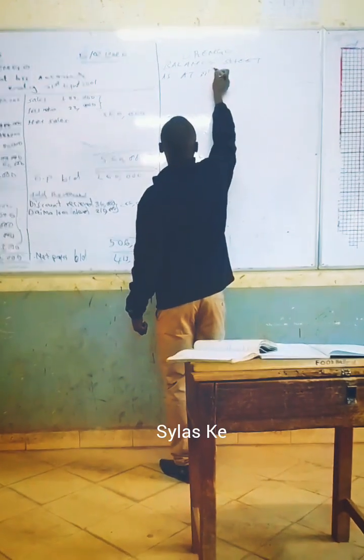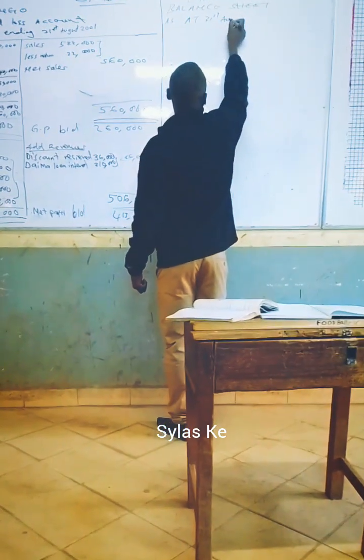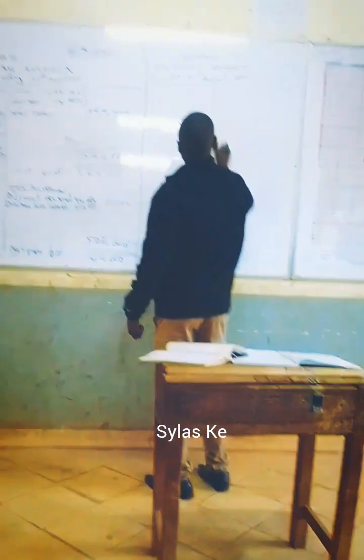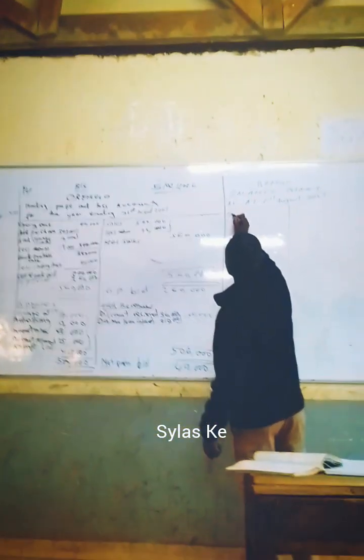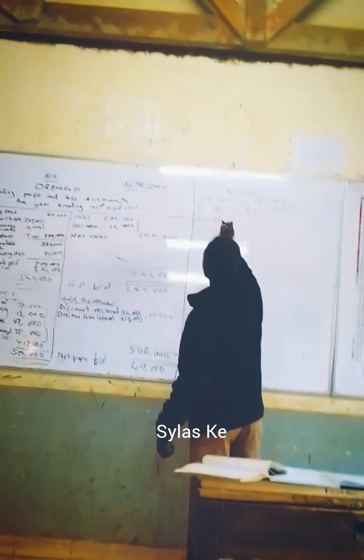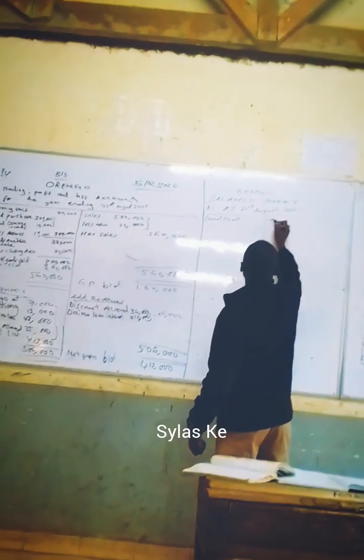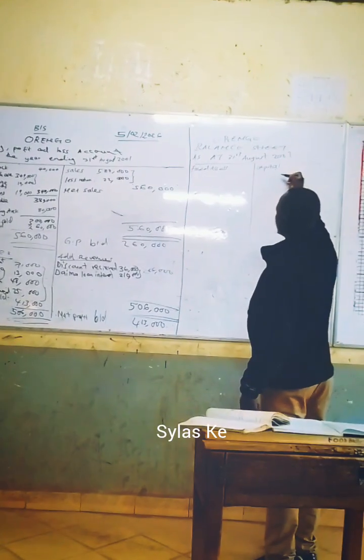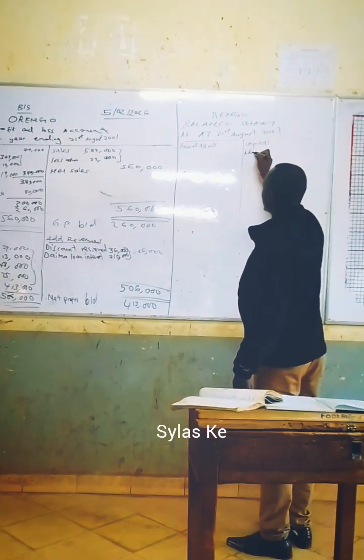Then capital, in order of permanency, as capital, and then add net profit.